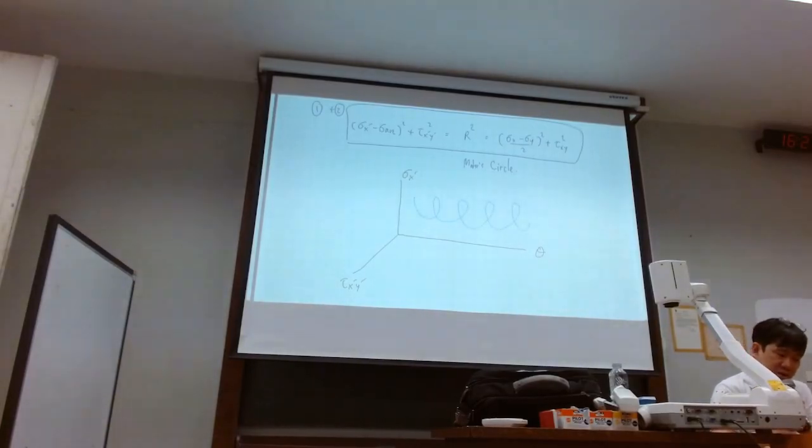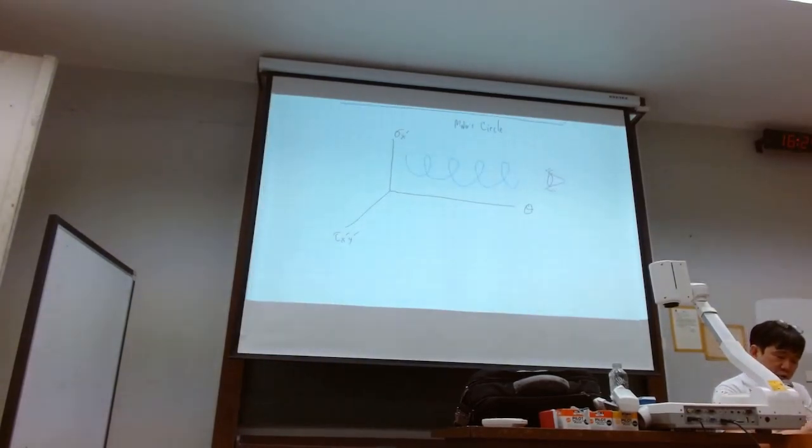With the spiral, you look at it from the theta point of view, and when you look at the spiral from this point of view, you end up having the axis.